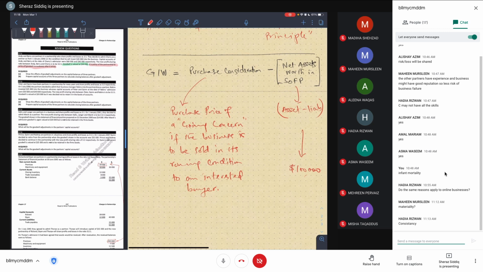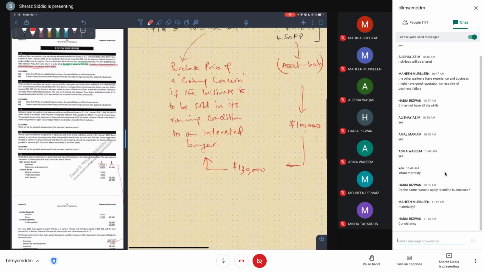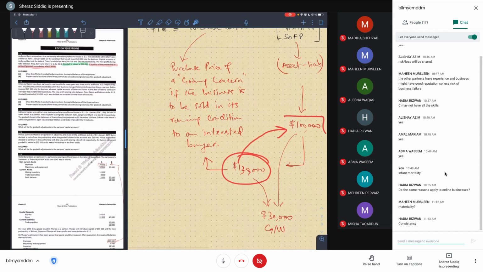So if this interested party is willing to pay you $120,000 or let's say $130,000, right? That means the difference between these two can now be determined in money terms, and that would be $30,000 of goodwill. Because if an interested party is willing to pay you $130,000 for your business in its running condition, which is worth $100,000, then why are they paying you $30,000 extra? That must be because of the goodwill.